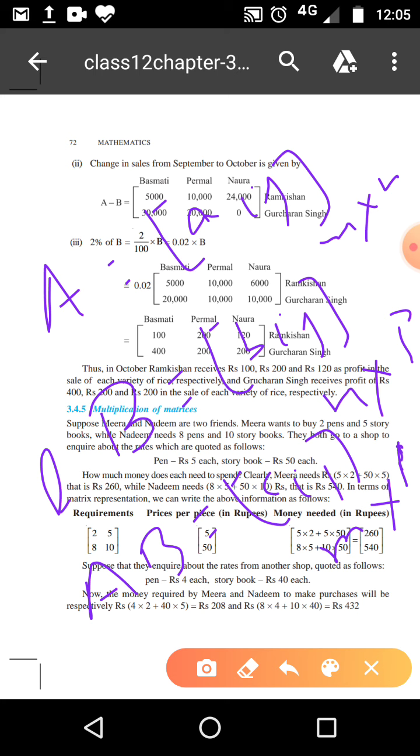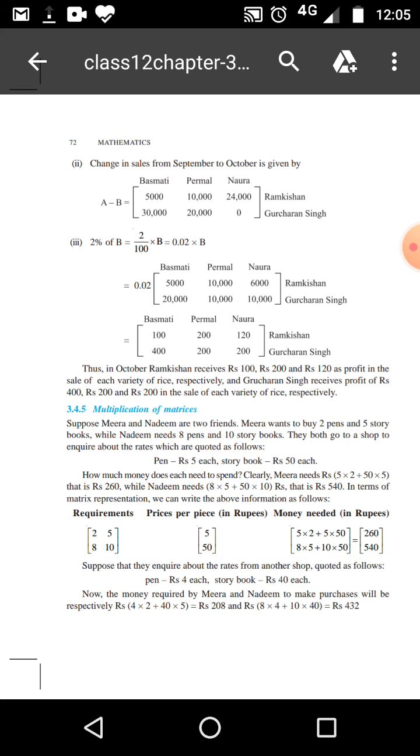Then only multiplication exists. So for the multiplication of the matrices, if A is 2 cross 3, then B must be 3 cross 2. Then only the multiplication of these two matrices, AB, exists, and this is of order 2 cross 2.